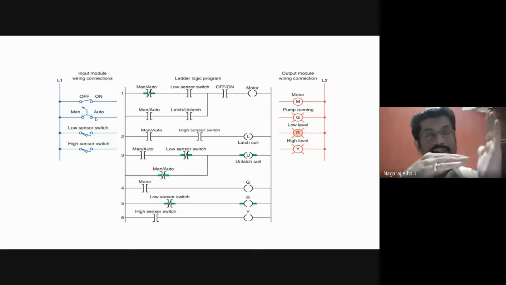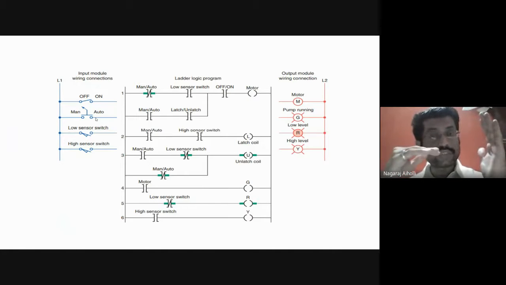Once the switch is open, there will be no current and that rung becomes false, but still it is possible to maintain the true state of the rung even after the switch has been released, whatever we had during the closing of the switch. For that sake, they use this latch or unlatch condition.